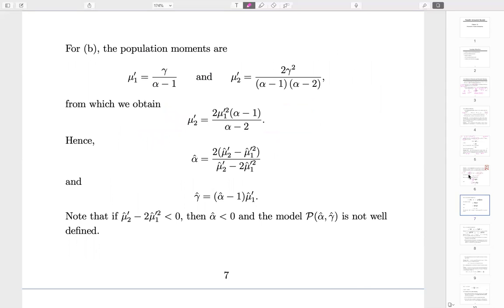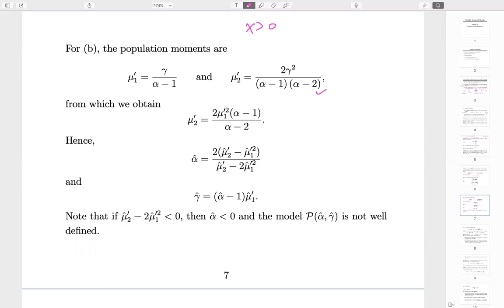The second one is the Pareto distribution. This is heavy-tailed, and from here you easily see that we need some assumptions, right? A standard Pareto distribution is defined for positive x.